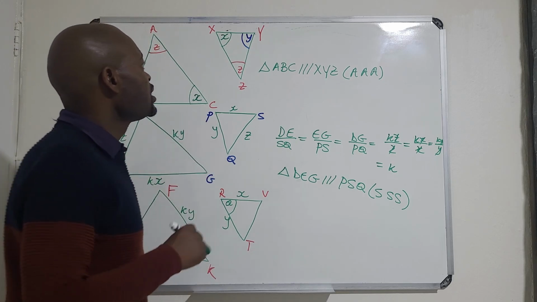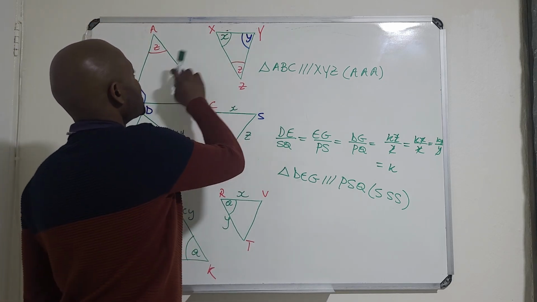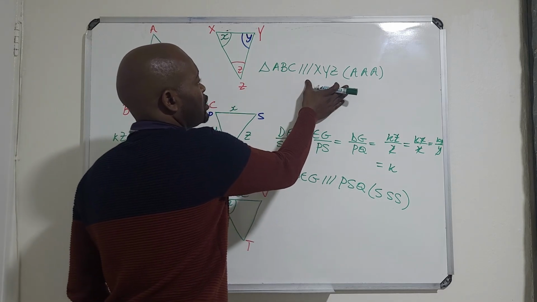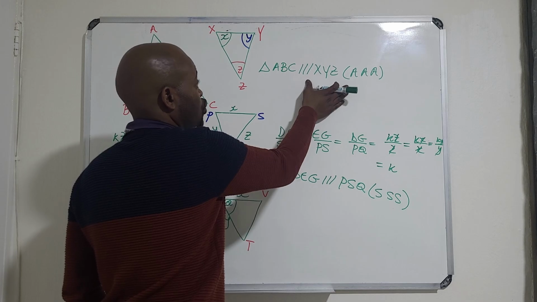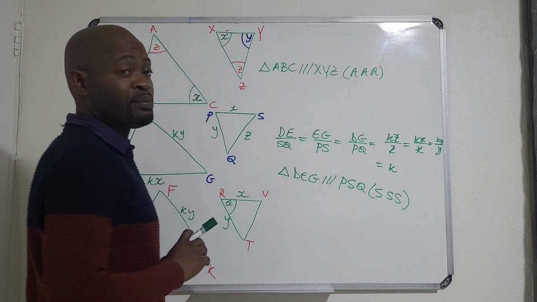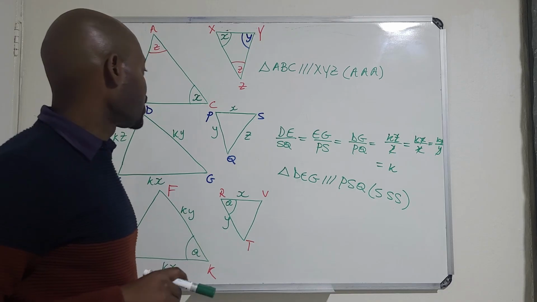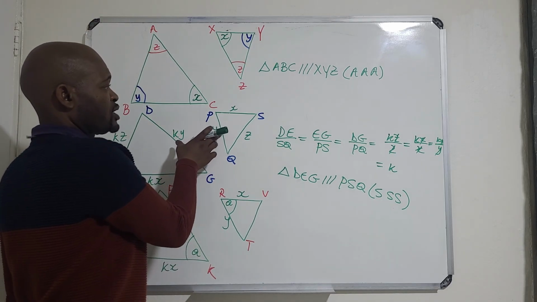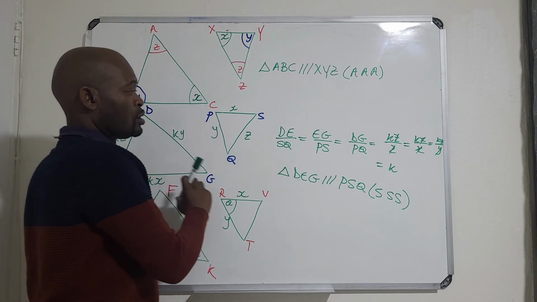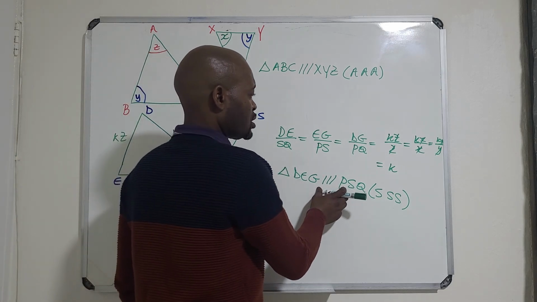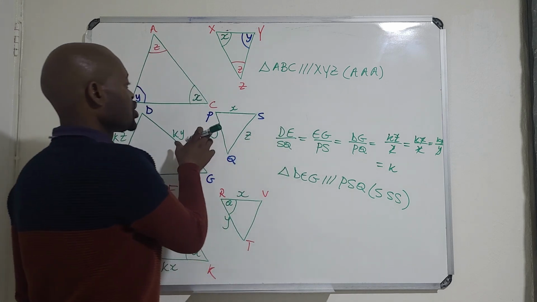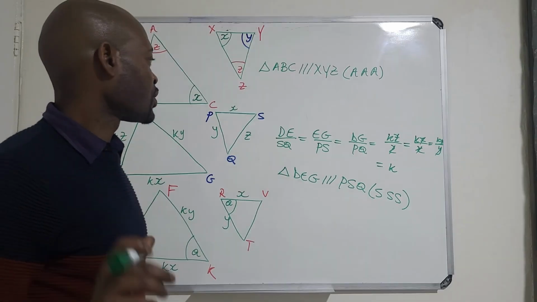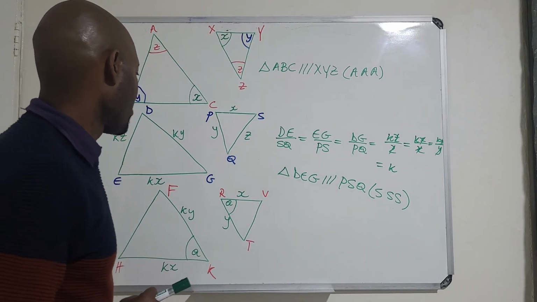You will see that this angle, angle, angle will be our theorem number 2, which we are going to talk about in geometry grade 12. You can see that when sides are in the same ratio, and we've got similar triangles, then this is theorem number 3 of our geometry in grade 12.